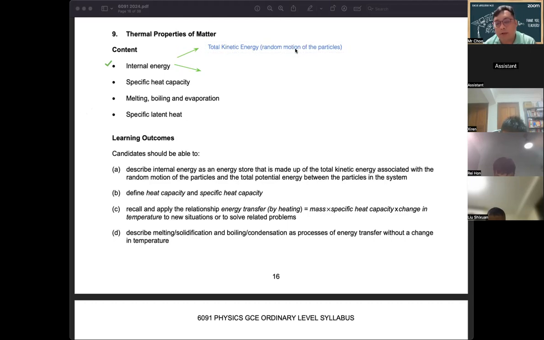When the particles move faster, you have greater kinetic energy, and this kinetic energy is one of the two parts of the internal energy. The second part will be the total potential energy between particles.